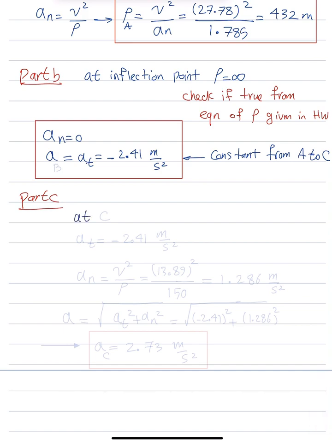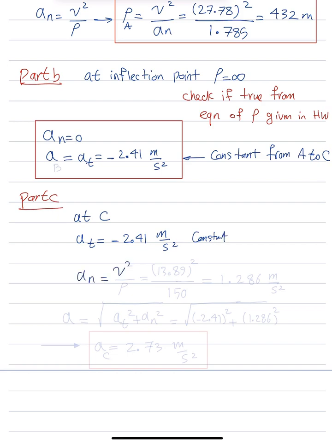So at C, let's write it down. AT is what we have already found. AT, we already know it's minus 2.41. That's not a problem. How about the other one, AN?